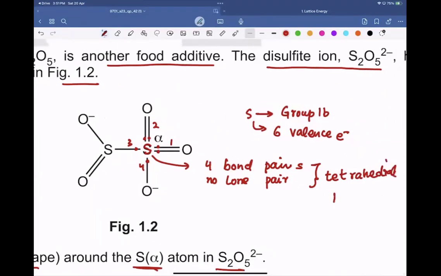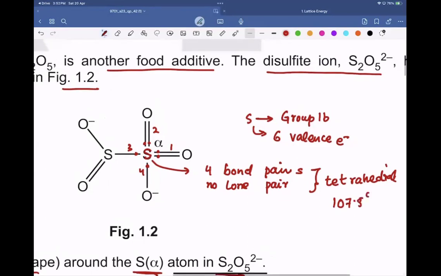And the bond angle is 10... What have you written for the bond angle, Shahan? Let me see. It's 107, I think. Yeah, it's 107. They have more electron charge density, Shahan.